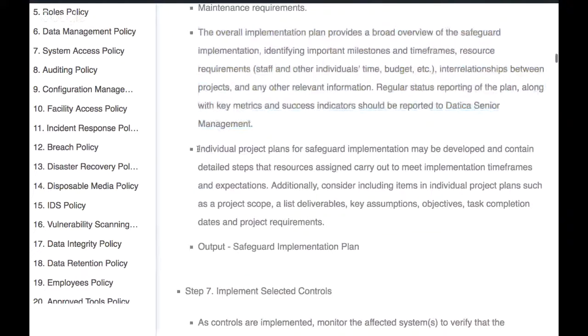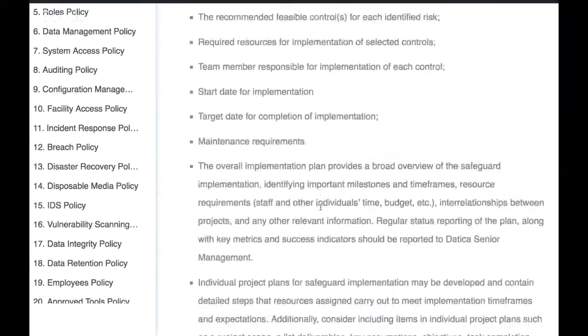Individual project plans for safeguard implementation may be developed and contain detailed steps that resources assigned carry out to meet implementation timeframes and expectations. Additionally, consider including items in individual project plans such as a project scope, a list of deliverables, key assumptions, objectives, task completion dates, and project requirements. So the output is a safeguard implementation plan.